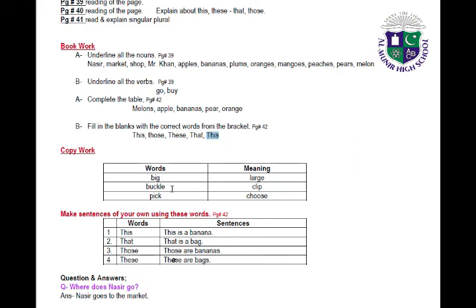The second word, buckle, and the meaning of buckle is clip. The next word is pick, and the meaning of pick is choose.